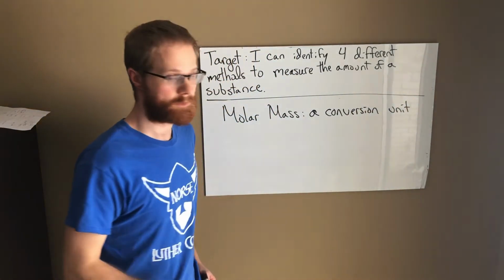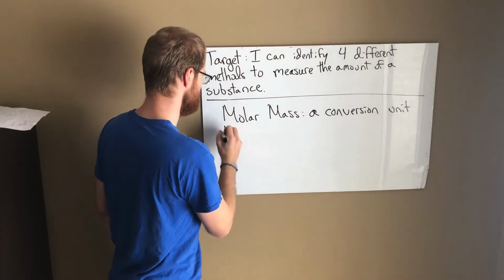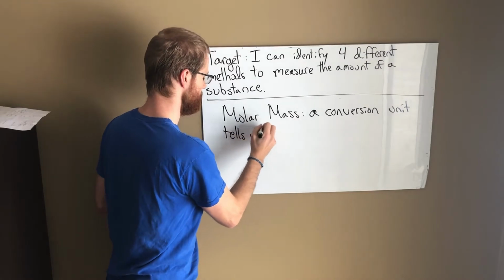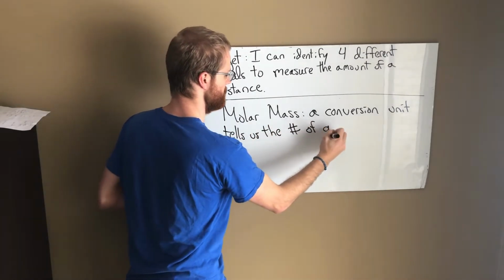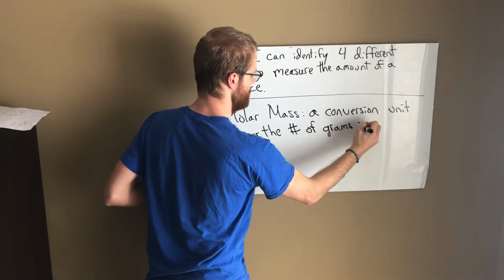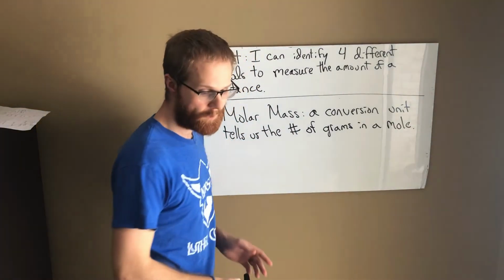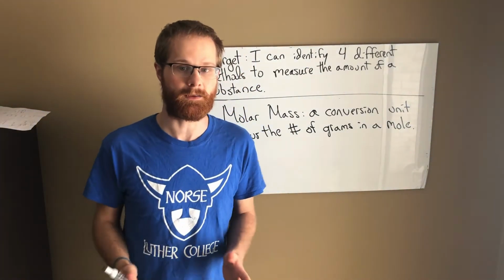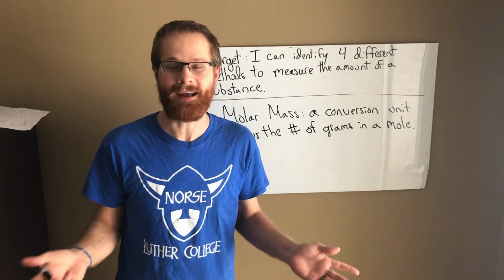Okay, so it's a conversion unit specifically that tells us the number of grams in a mole. Okay, so how do we calculate the molar mass? Where is it? Well, we use our periodic table.